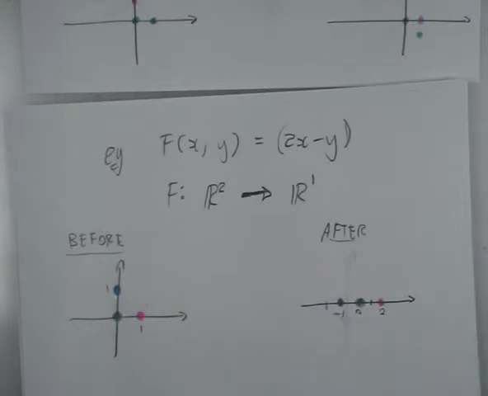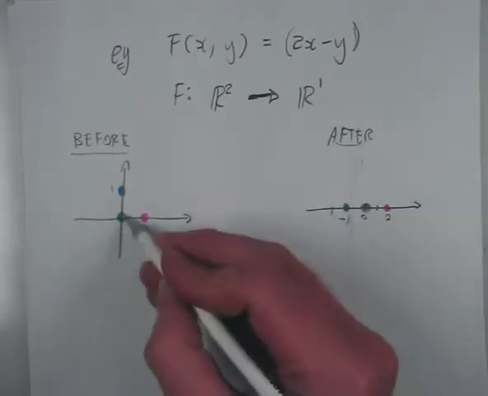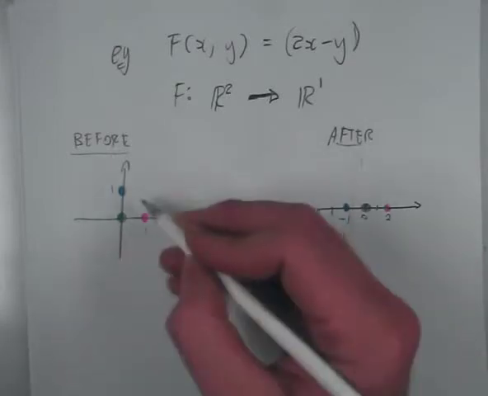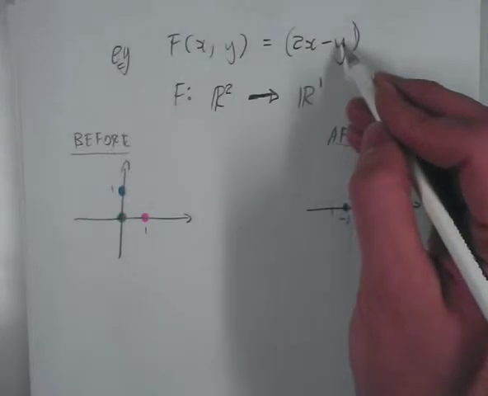So we can find, for example, all of the points in here that end up at 0. Let's just find some of them. So obviously 0 ends up at 0. And let's see, the point 1, 2 would also end up at 0.